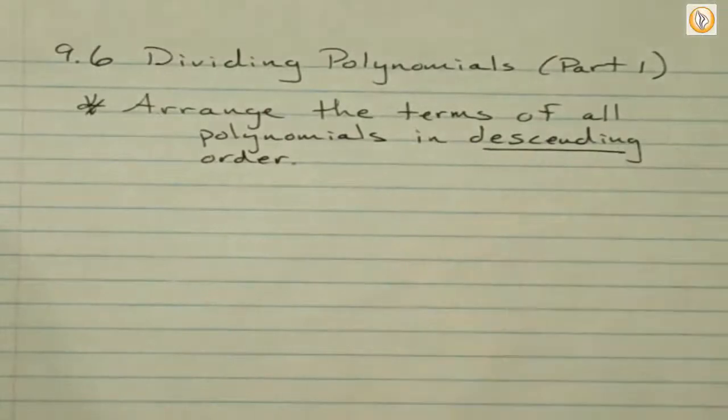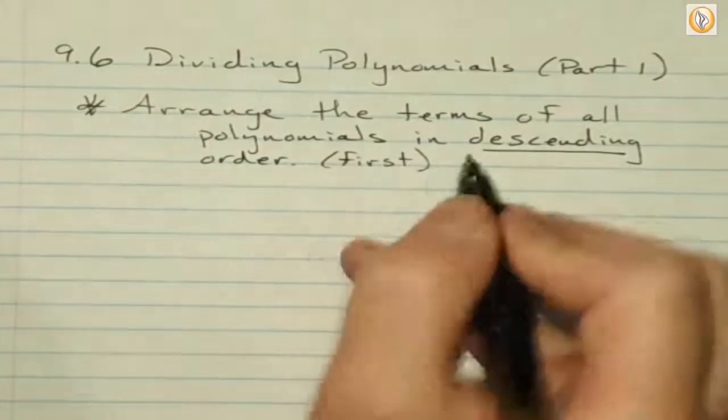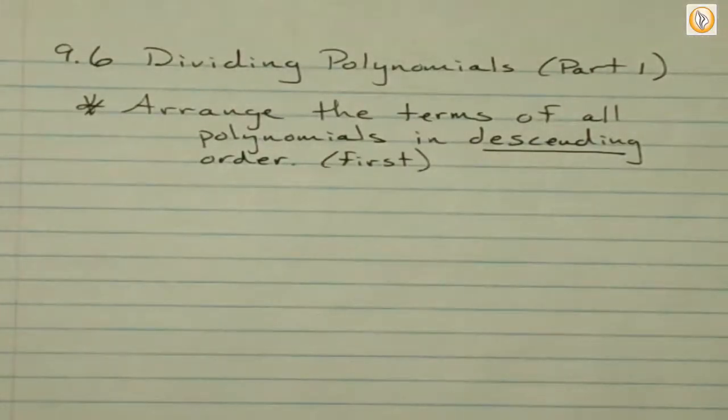So make sure that you first, not the answer, but first go ahead and put them in descending order. I'm not going to write a bunch of other notes because it's pretty self-explanatory, and I think you would learn more by examples. Tomorrow's a totally different story.